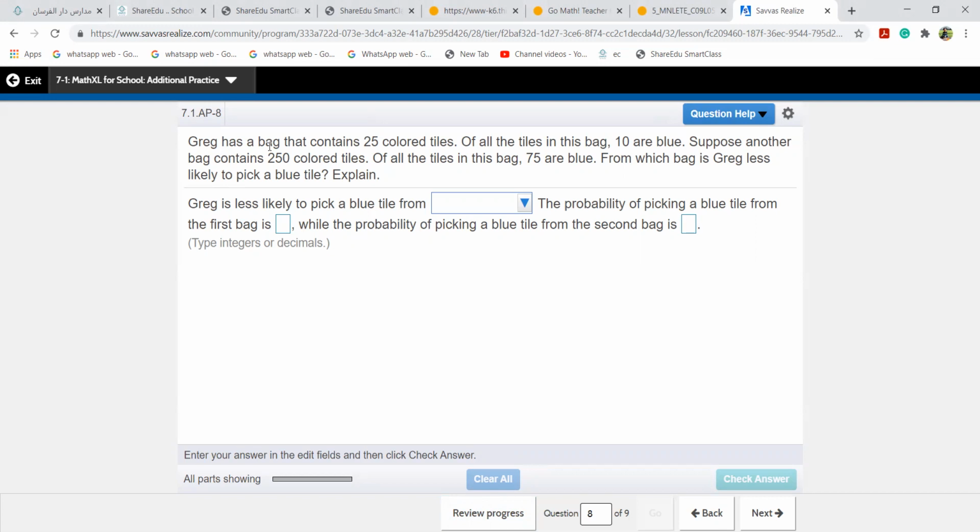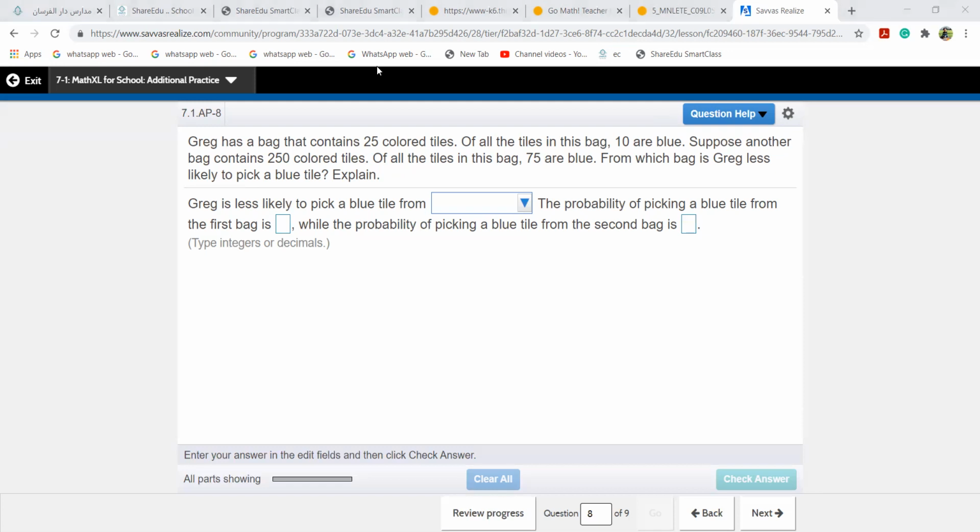Judy, Greg has a bag that contains 25 colored tiles. Total, how many tiles are there? 25. In this, 10 are blue. There is another bag which contains 250 colored tiles, and 75 of them are blue.